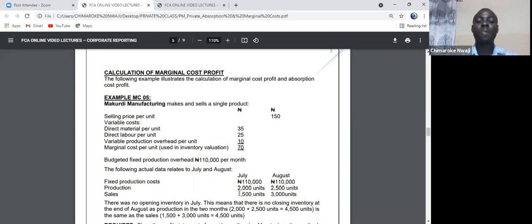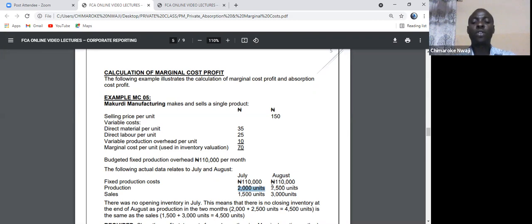So they made this statement. There was no opening inventory in July. So our opening stock in July is 0. There is also no closing inventory at the end of August. How do we know? In July, we had 2,000 units produced.